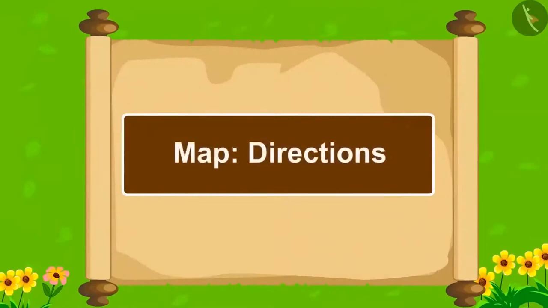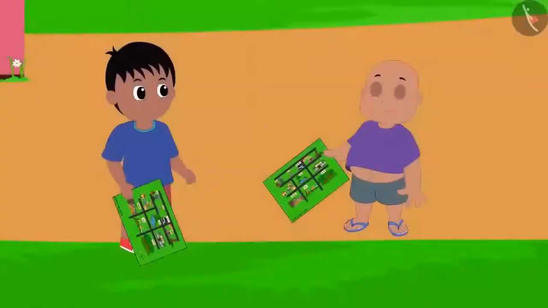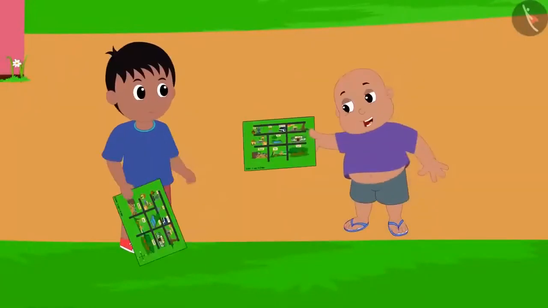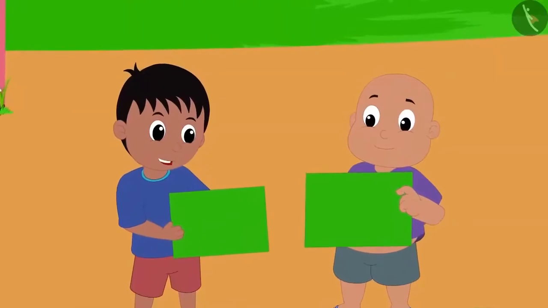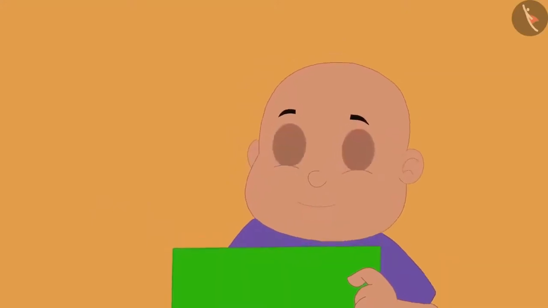We'll learn about directions and their usage in reading of maps in this video today. One day, Bablu and Raju found the map of Champapur. They both were really excited about the map. Both Raju and Bablu started looking at their maps. Raju, how interesting is this map?